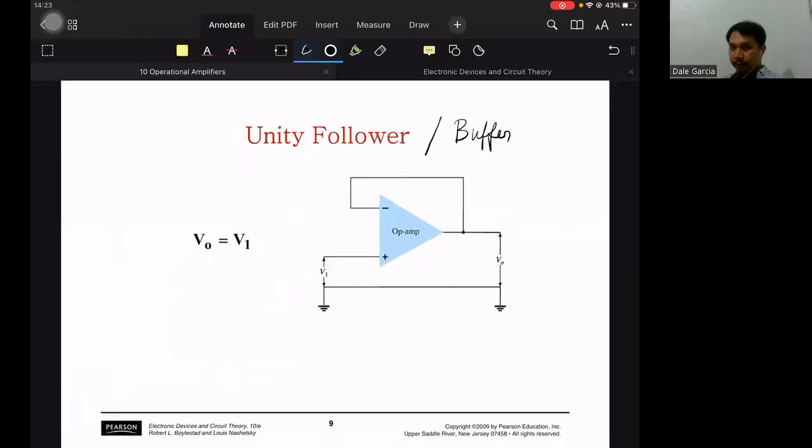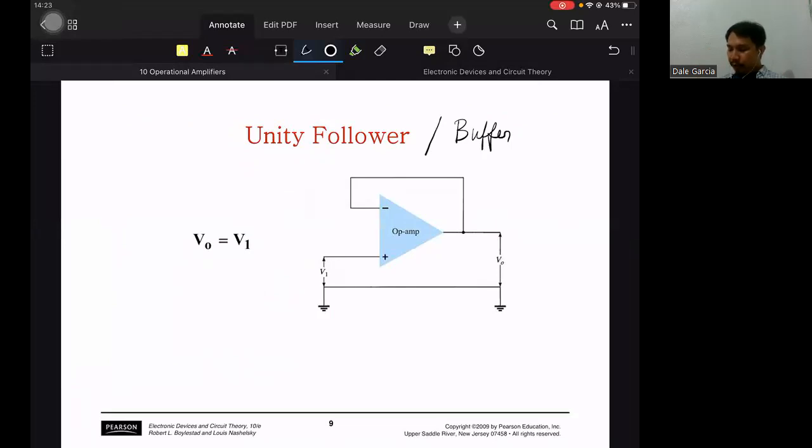Whatever the signal at the input, it is just passed through the op-amp, and the output looks the same. In terms of voltage level, VO is equal to V1. If V1 is a DC voltage, VO does not change. The form of the signal at V1 is the form of the signal at VO.